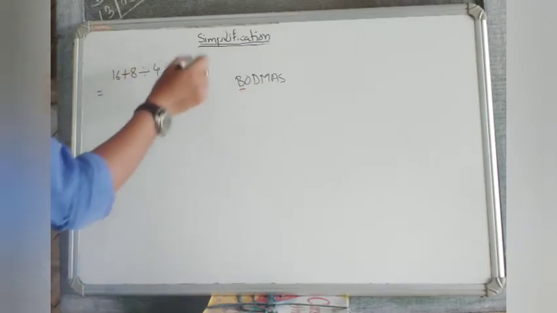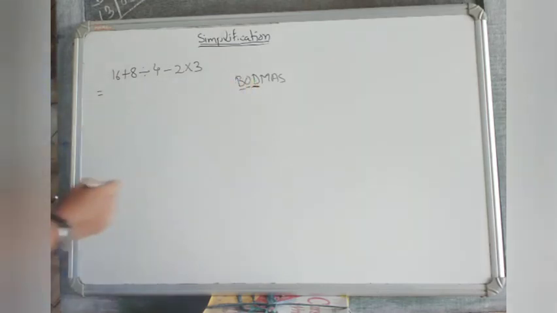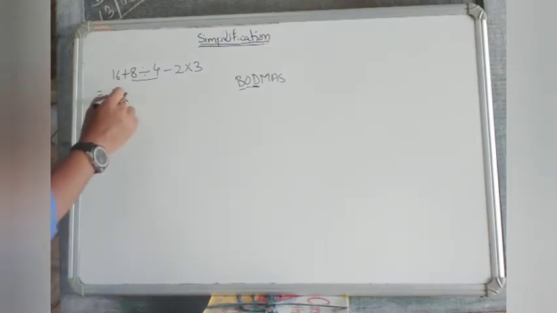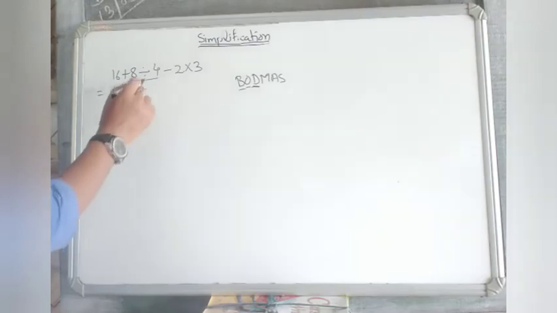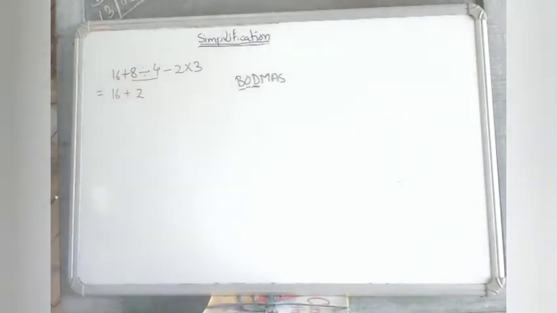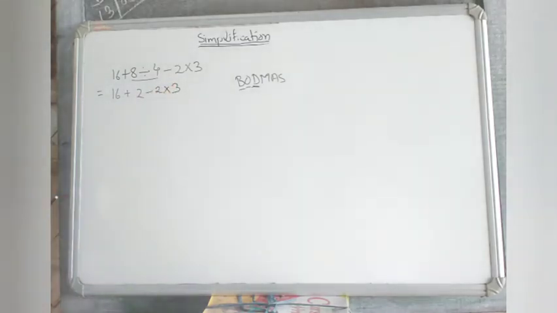We do not have any brackets here. Of we do not have. Then divide. Now divide we have between 8 and 4, 8 will be divided by 4. So 16 plus 8 divided by 4 will give me 2, 16 plus 2 minus 2 into 3.